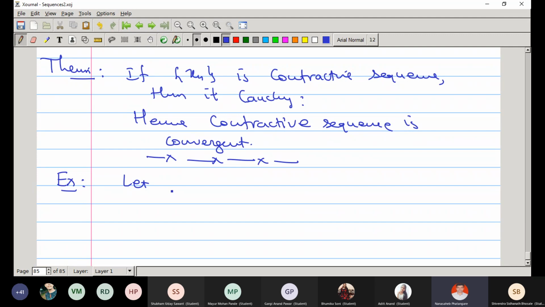So let us see an example of such a contractive sequence.